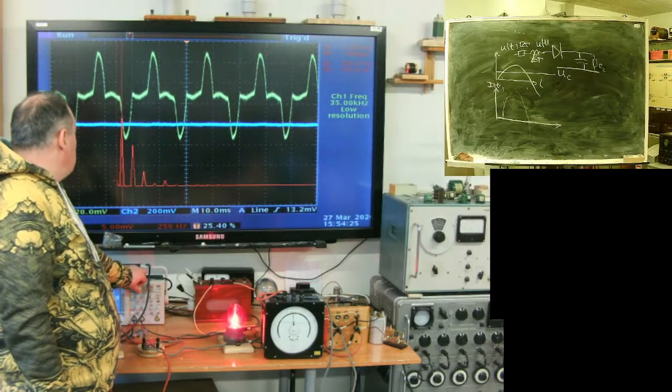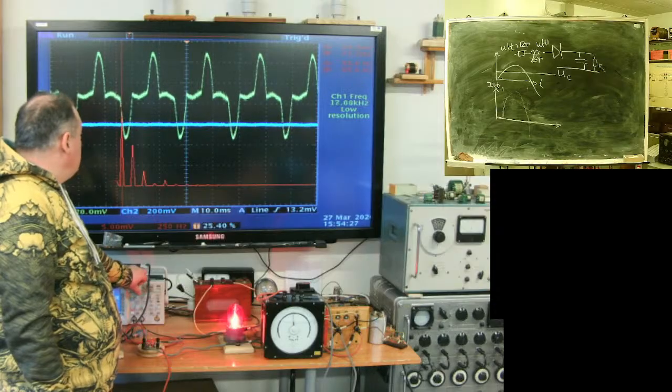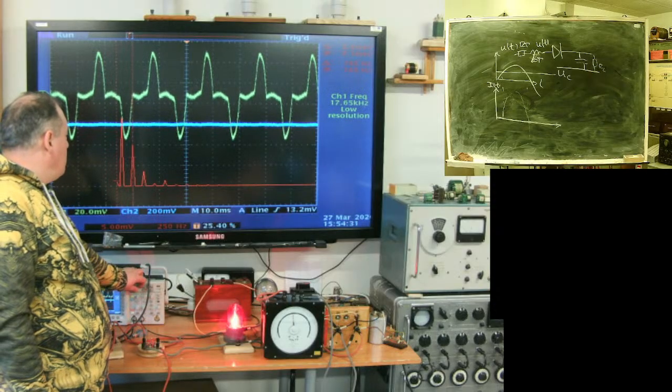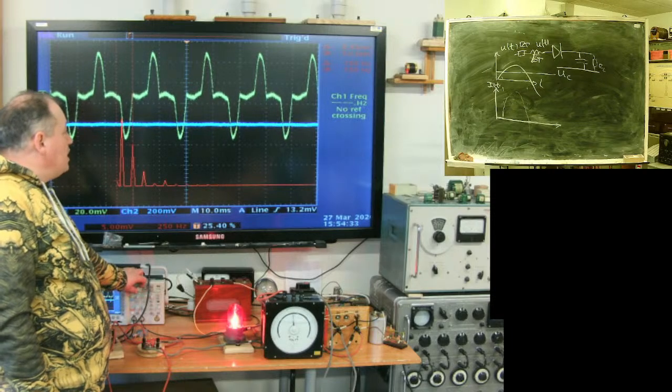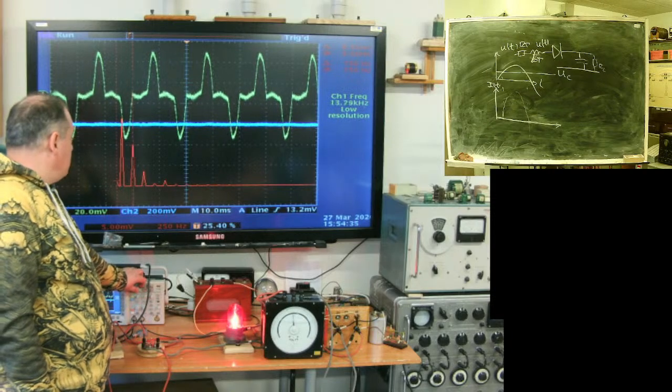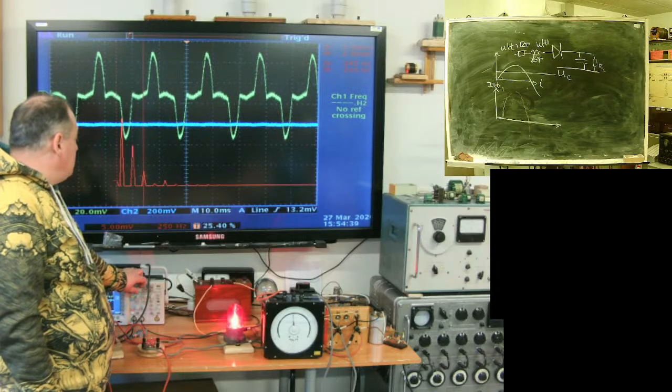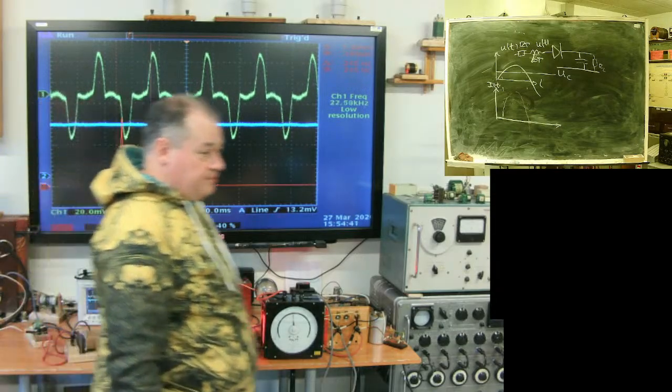What do we see? Oh, 50 Hertz, base frequency, 150, third harmonic, 250, fifth harmonic.